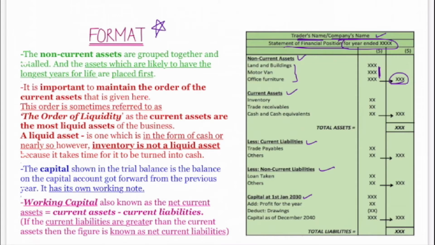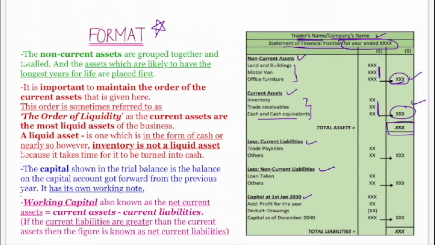Then the current assets, that is inventory, trade receivables, cash and cash equivalent, etc. Whatever will be given in the question. Then you write the amounts in the inner column and then take the total out. Then you have to add the total of the non-current assets and the current assets to get the amount of total assets. Then we come to the liabilities part.